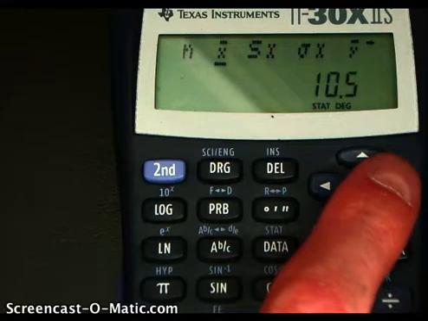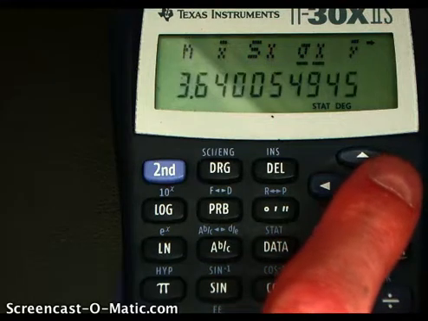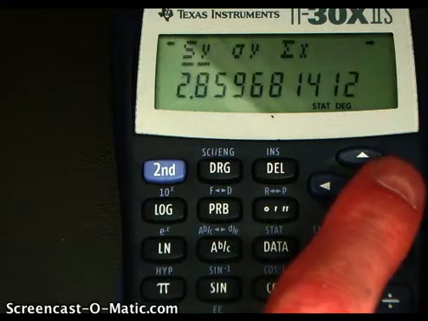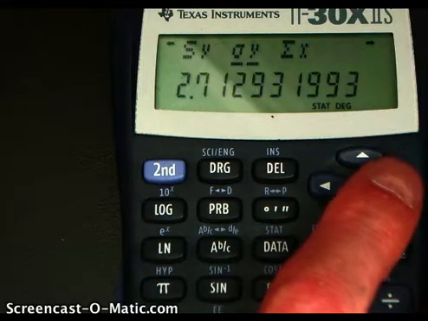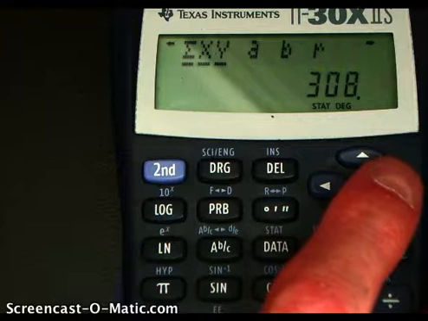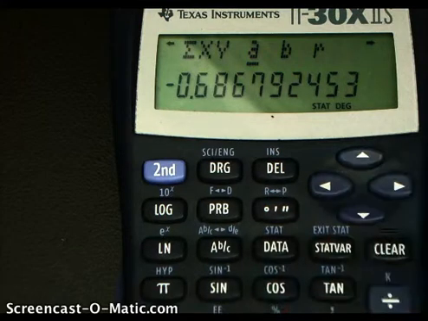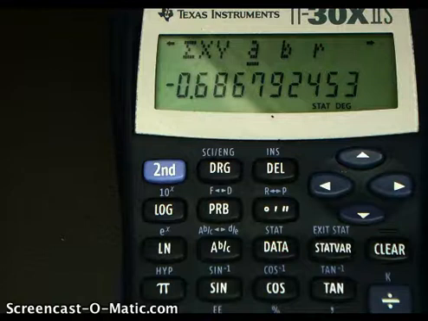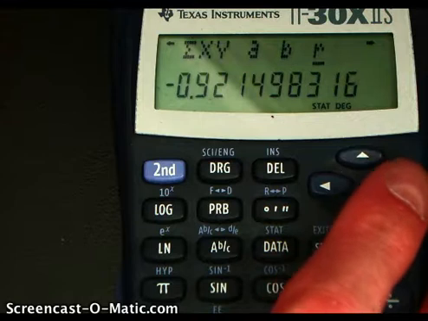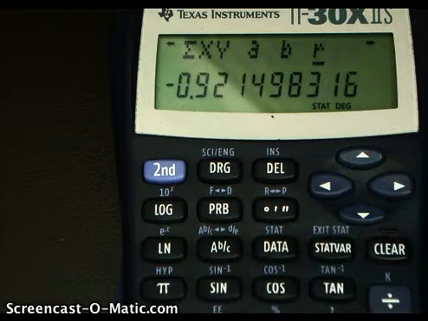That's the average grade level, the standard deviation for the grade level, the average score on the prejudice test, the standard deviation for that, of course the sum of the x's, sum of the x squareds, sum of the y's, sum of the y squareds, sum of the products. Okay, remember those were used in the formula if we were going to do it by hand. But these three values are the most important. Now, notice we have A, we have B, and we have R. Let's take a little further look at those values and how we use them.